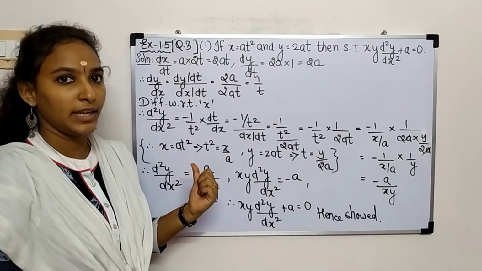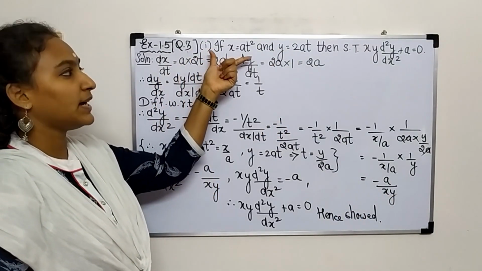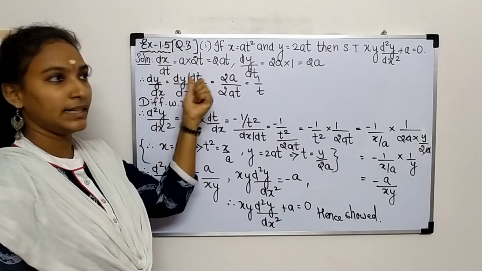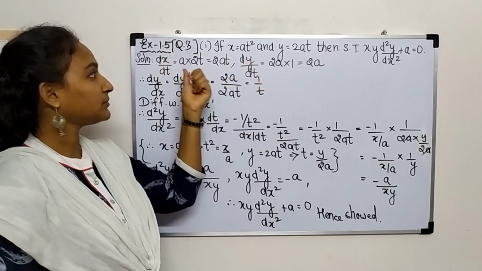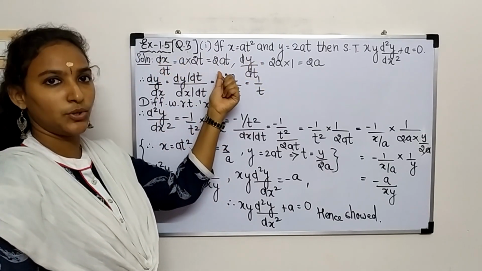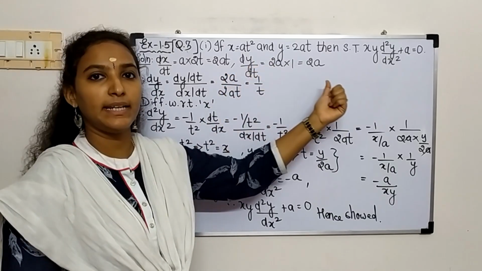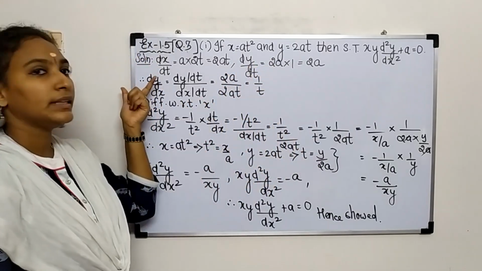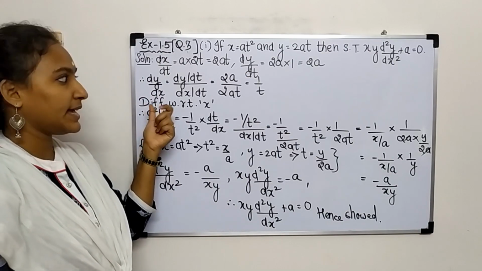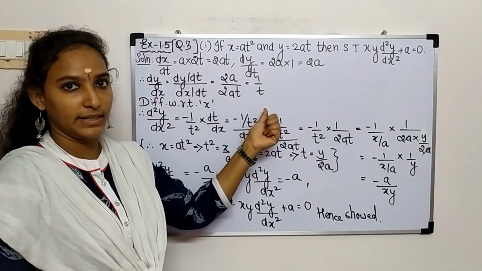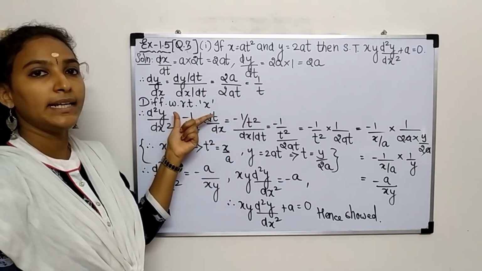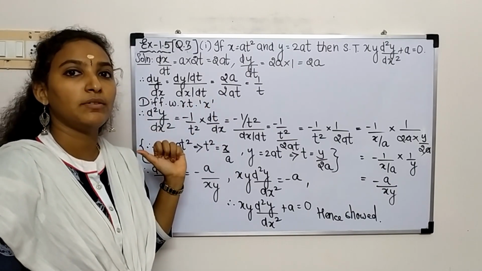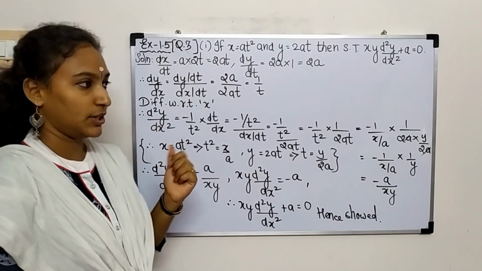Okay, hope you are following me. See, first we have calculated dx by dt and dy by dt. dx by dt was 2at, dy by dt was 2a. Then we calculated dy by dx, which is equal to 1 by t. Again we are differentiating with respect to x because we are solving a higher order derivative.